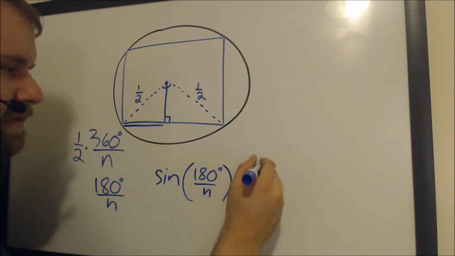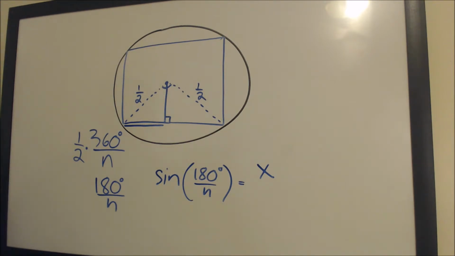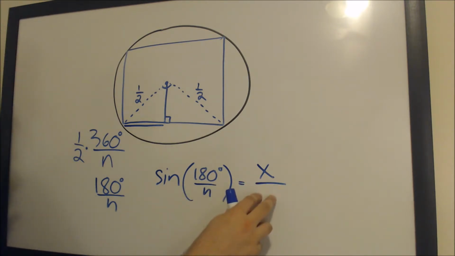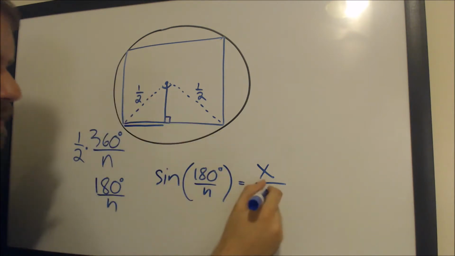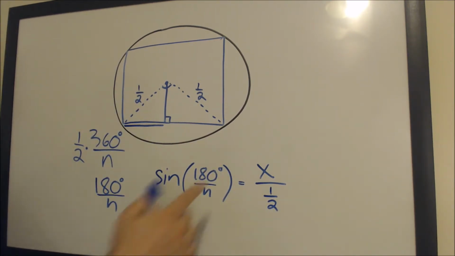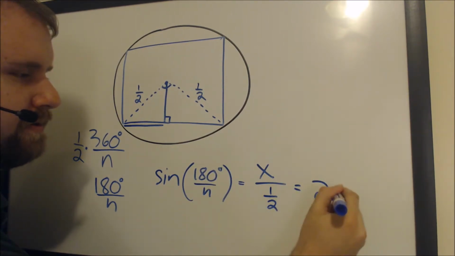Let's call that x for right now. Okay. Now, this is x, my missing side, divided by 1/2. Well, x divided by 1/2 is simply going to be 2 times x.